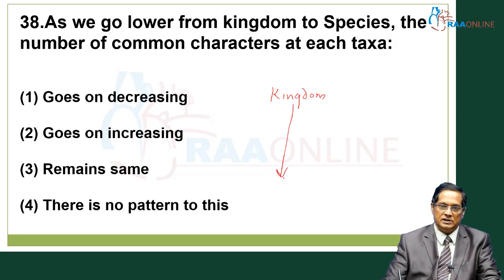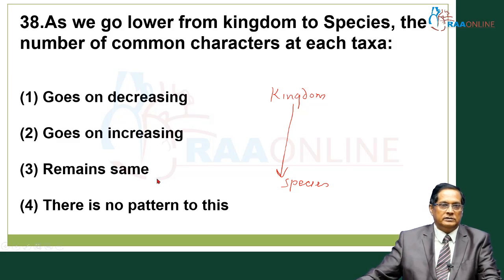And species is the lowest category. Here the number of common characters for each taxa increases, and they go on increasing.